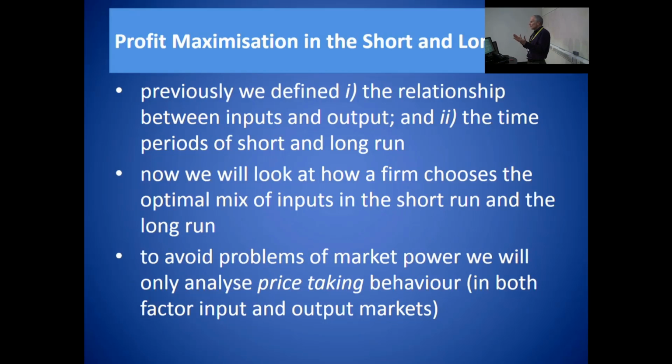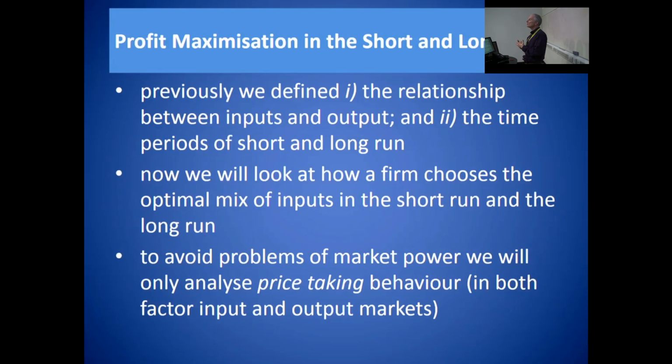Now, what does that mean? A firm that's a price taker in the factor input market means that they can employ as much labour and capital as they like. Their actions don't affect the price they would pay for labour and capital. Now, in the product market, what do we mean by a price taker?